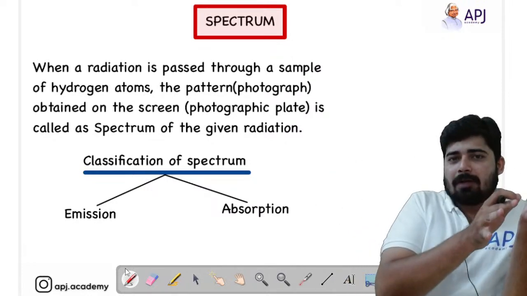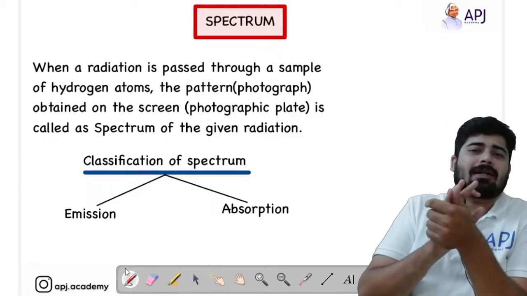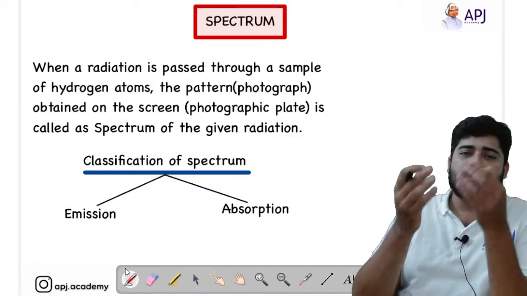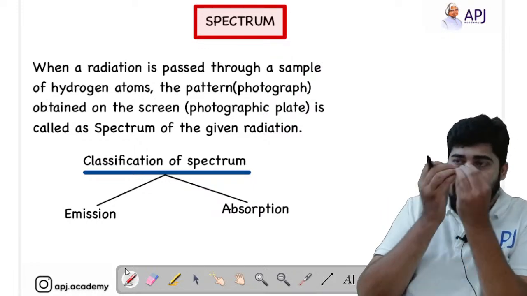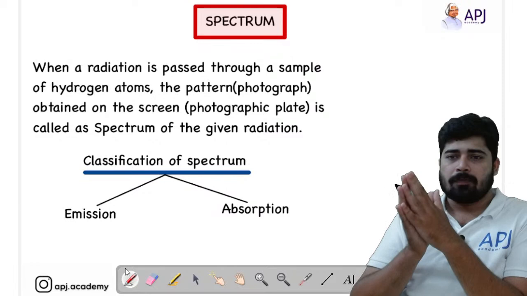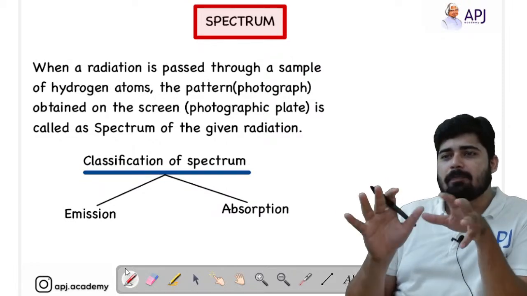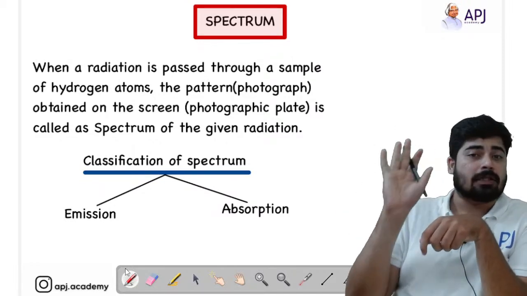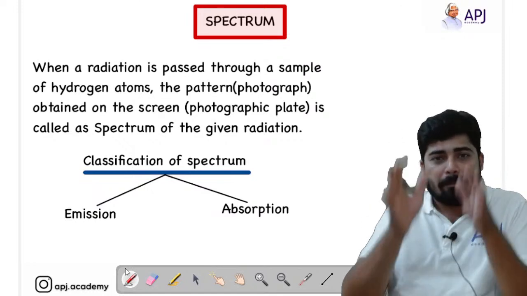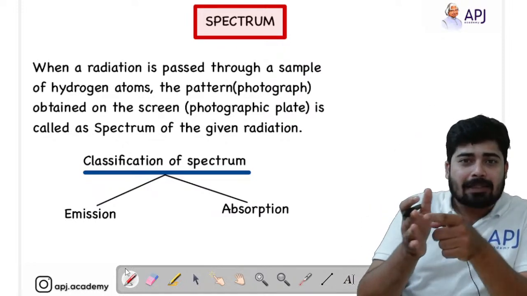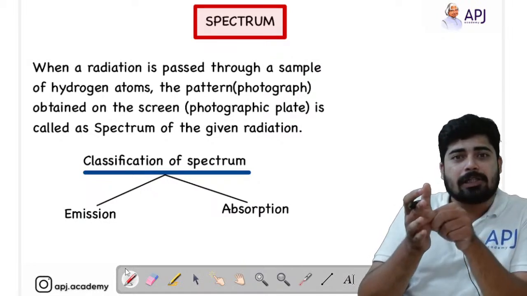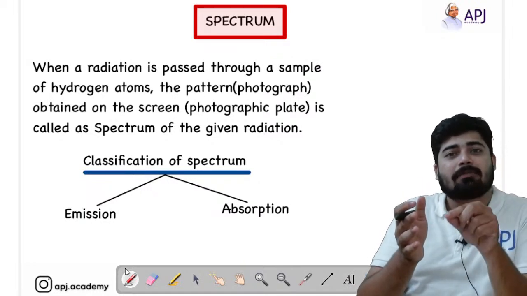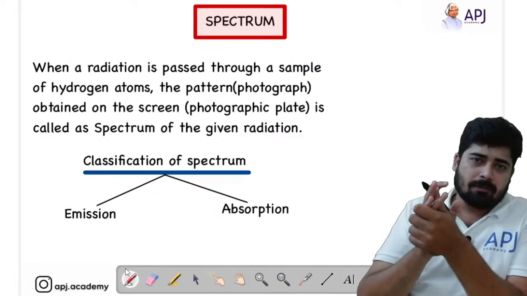Majority of these spectral lines are not visible to our naked eyes, so we need special instruments to see them. Spectrum is simply a pattern obtained based on the energy or the photons released by the hydrogen atoms.